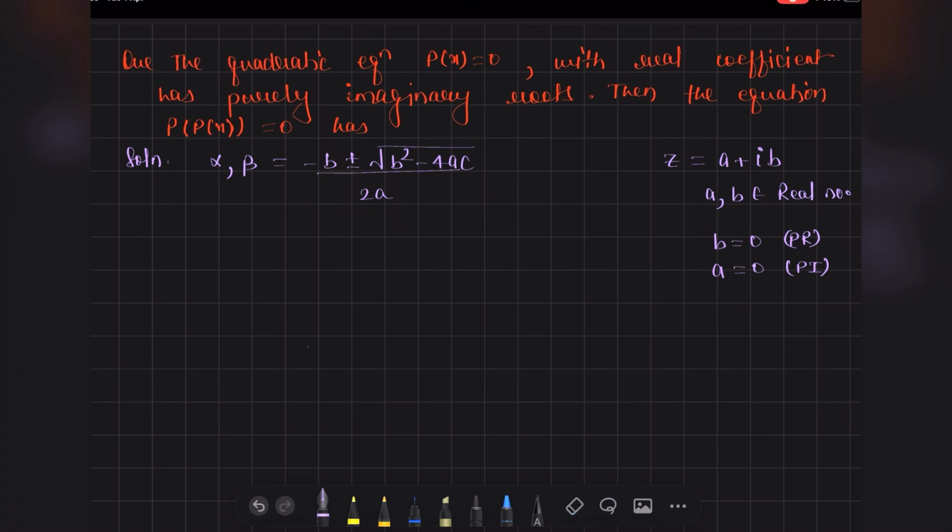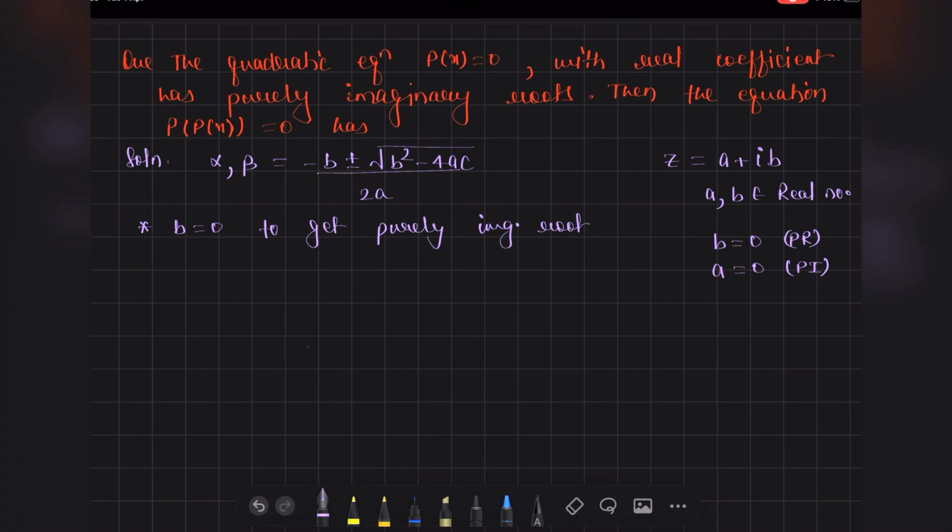So first we have to make sure that b should be 0 to get a purely imaginary root.